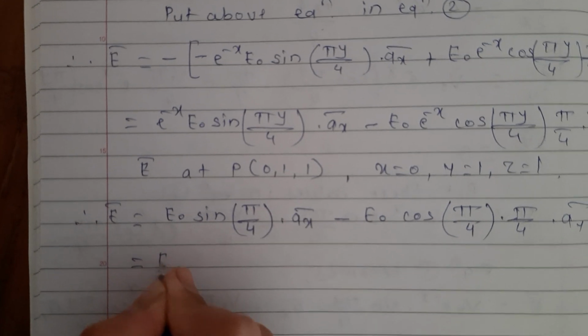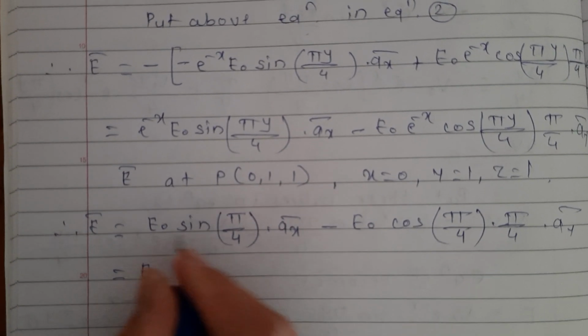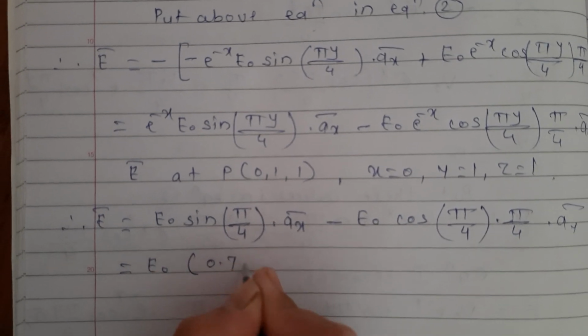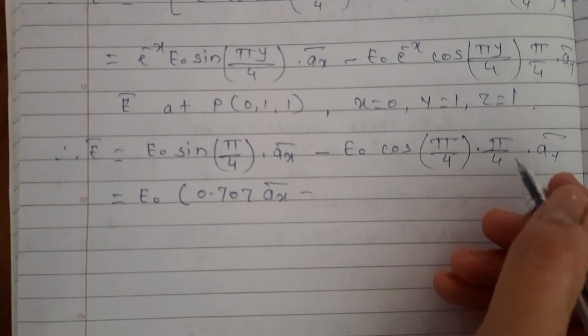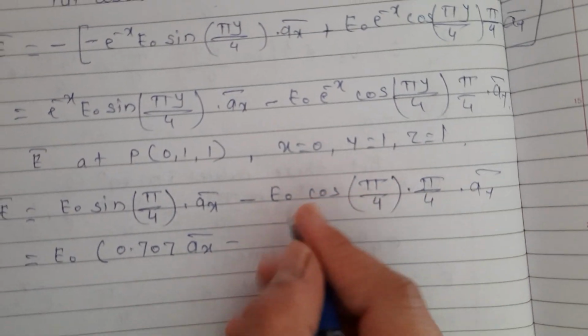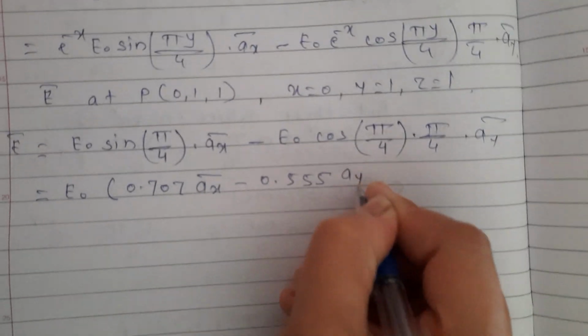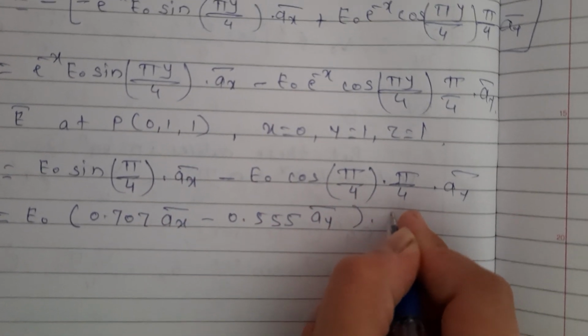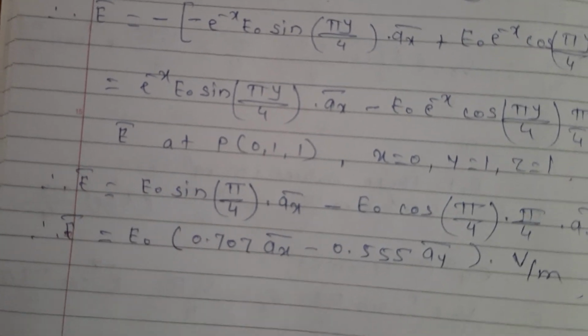So E0 is common; the value of sine π by 4 is 0.707 ax bar minus cos of π square by 16, so it is 0.555 ay bar volt per meter. This is the value of E bar.